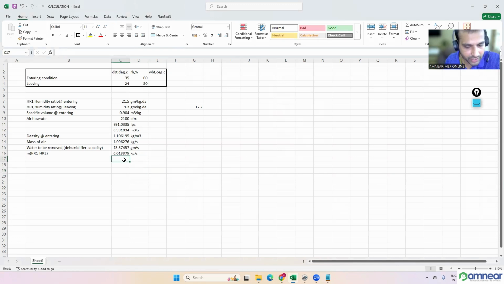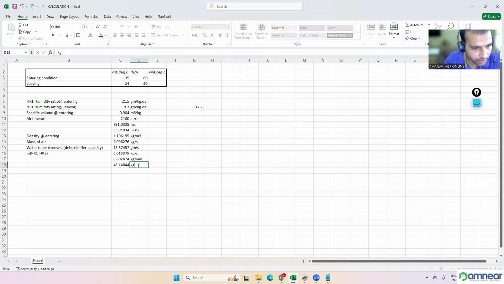If you need kilogram per minute, kilogram per second multiplied by 60. And if you need kilogram per hour, kilogram per second into 3600, or kilogram per minute into 60.